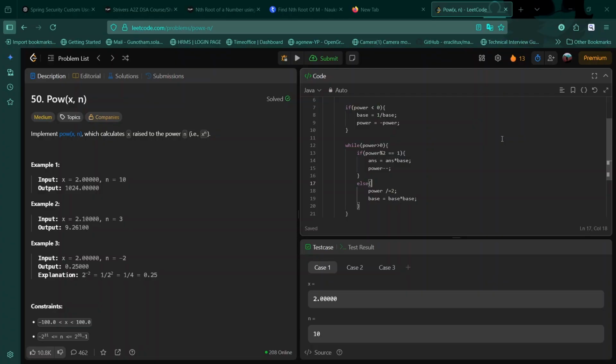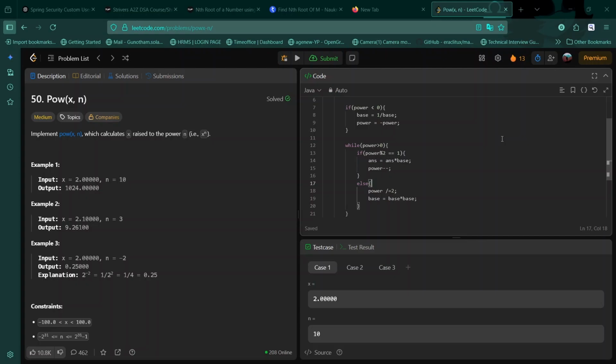The easiest way is, instead of multiplying it 10 times, we can make it 2 square to the power of 10 by 2, which is 5. So now we have 4 to the power of 5.